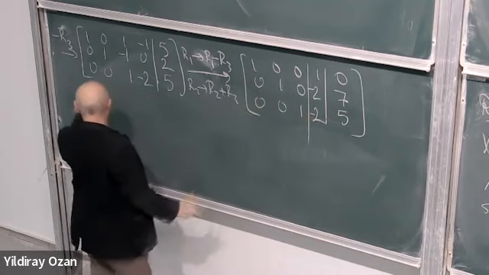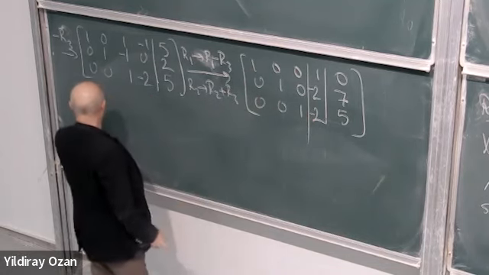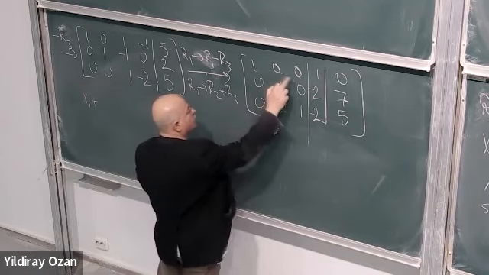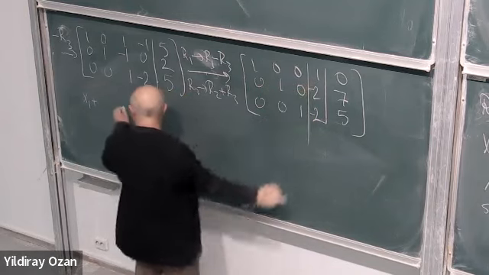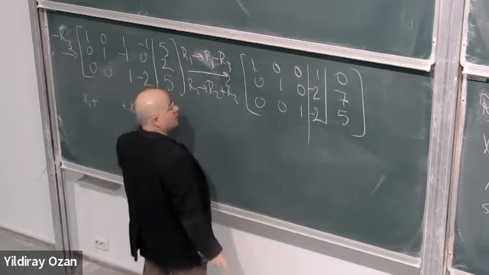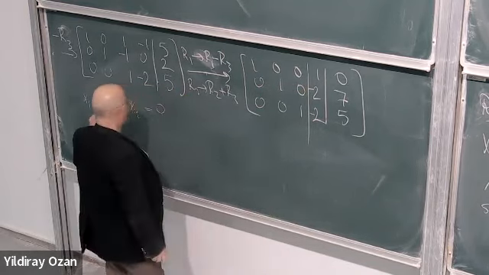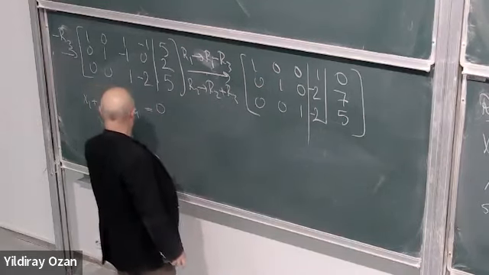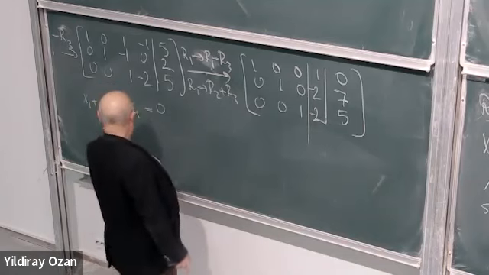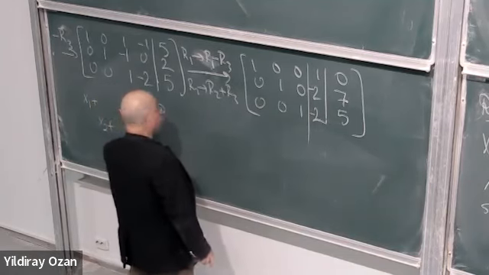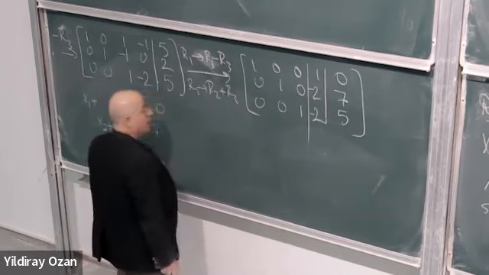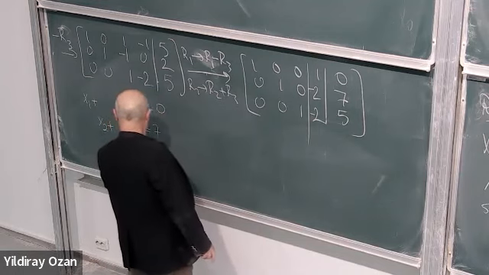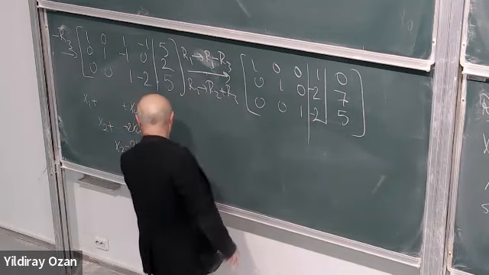Actually, to see this, we may also consider the following. This is just x1 plus 0x2, 0x3, x4 equals 0. And then I have x2 minus 2x4 equals 7, and x3 minus 2x4 equals 5.